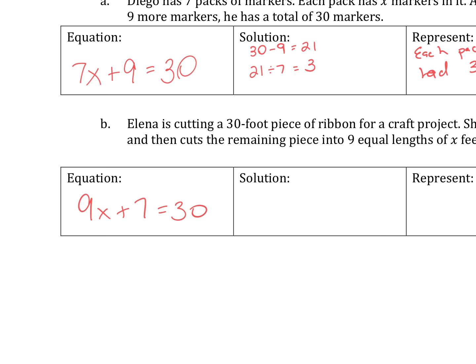To solve this, I am going to first do 30 minus 7, which is 23, and then 23 divided by 9. You could say either 2 5/9 or 2.6 is also acceptable.